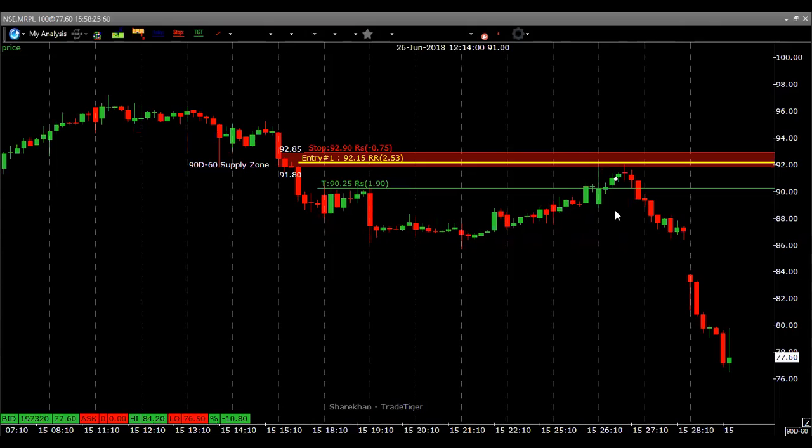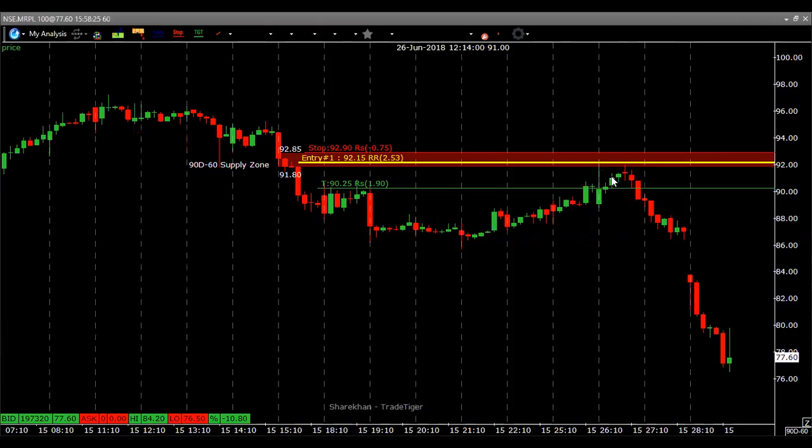So you may be wondering, do I really keep on opening my chart and looking at it every day to see if prices have come there or not? I don't really do that. I use price alerts to identify when prices are coming back very close to my area of supply or my entry price. Just before prices come there, I keep an alert, so that once I get the alert, I know that prices are near my entry price.